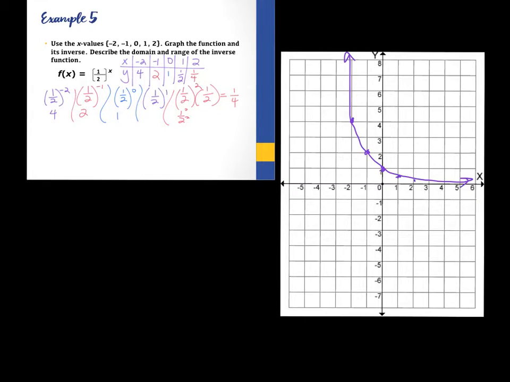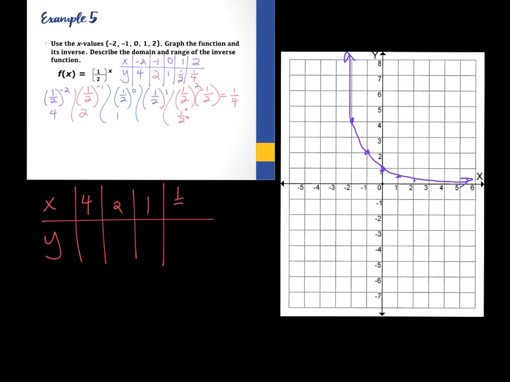Then this time I want to switch my x's and y's again to find the inverse. So I'd get 4, 2, 1, 1/2, 1/4, and my y's are now my x's. Then I plot those points: 4, -2, 2, -1, 1, 0, 1/2, 1, and 1/4, 2.